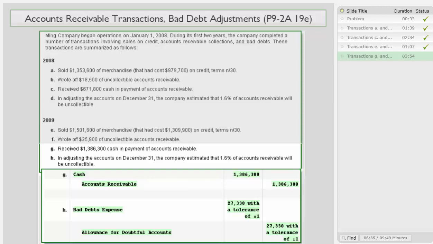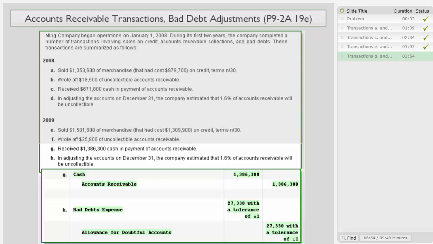Then on transaction H, we have to compute the amount we need to properly reflect the allowance for doubtful accounts so that it equals 1.6% of accounts receivable, and the offset goes to bad debt expense.